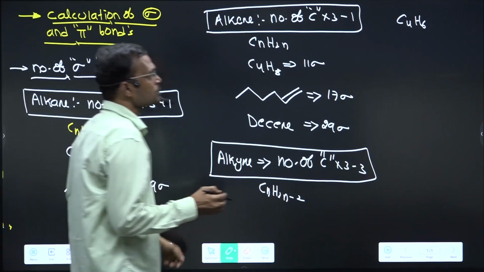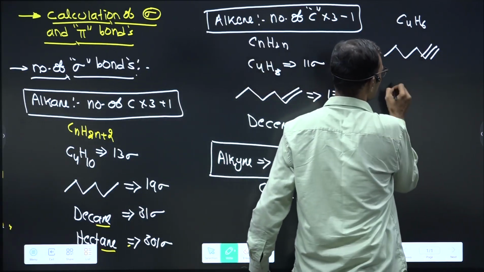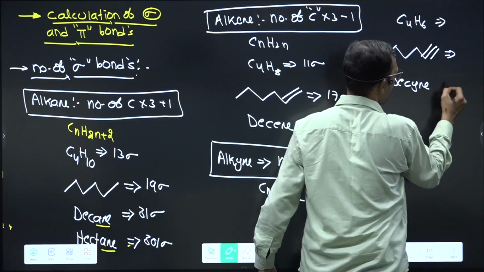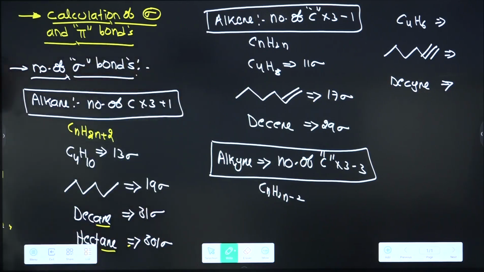Calculate number of sigma bonds in C4H6. Decane. Will you calculate?